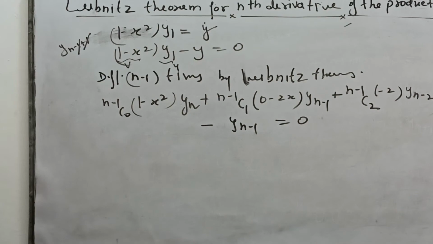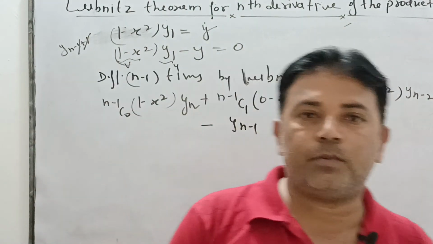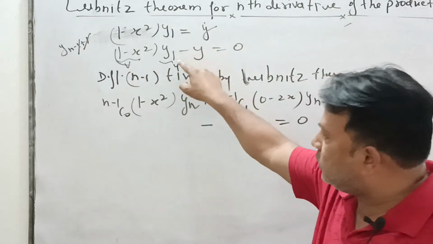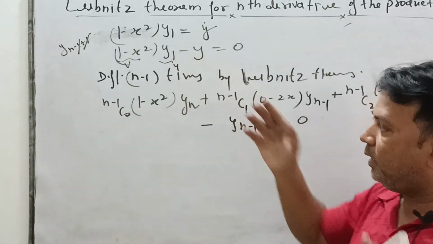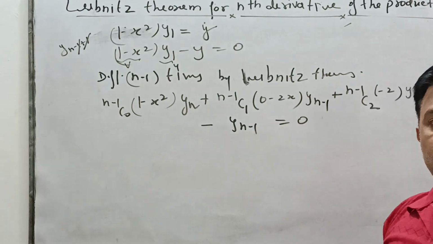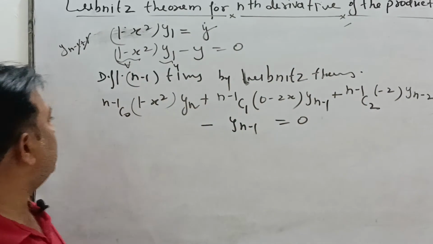Do you all understand? The question says only to find the nth derivative, but we find the one-time derivative first, so this function is differentiated n minus 1 times, then converted to n.